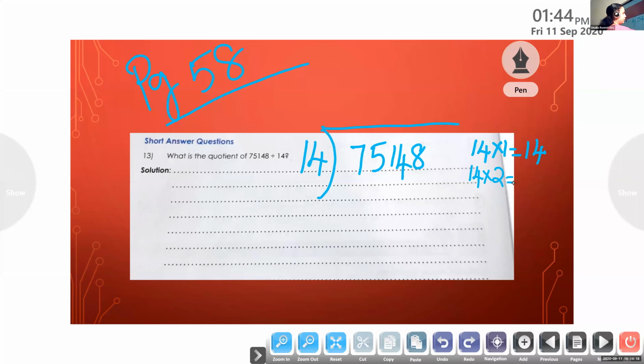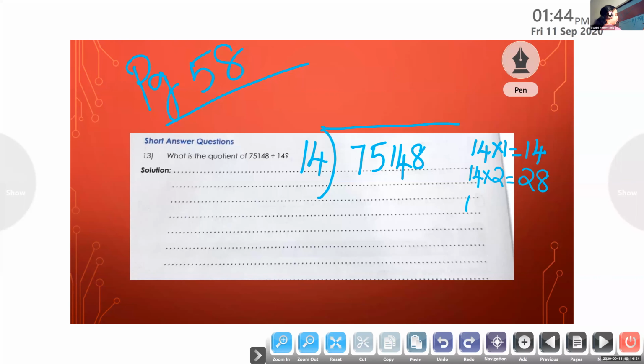Fia, please unmute. Yes, Fia. 14 into 2. 28.